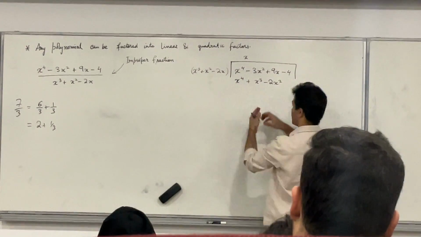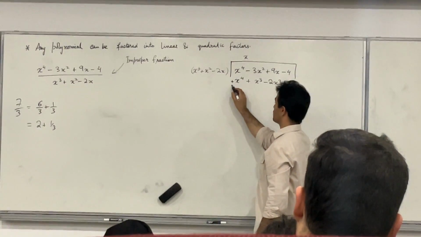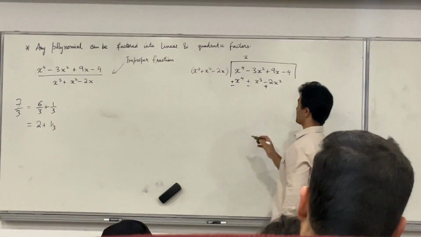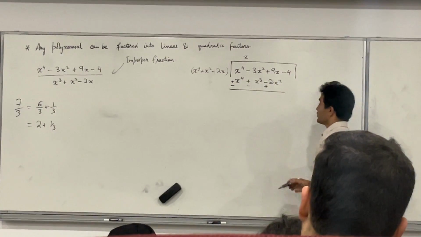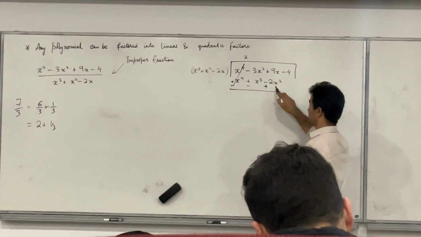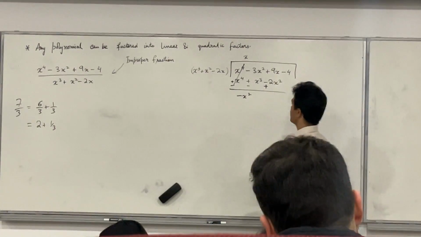So you subtract the rest of it, which means you turn all the signs around in this one. So this becomes a minus, this becomes a minus, and this becomes a plus. So it's x to the 4 minus x to the 4, minus 3x squared plus 2x squared. So that's a minus x squared.